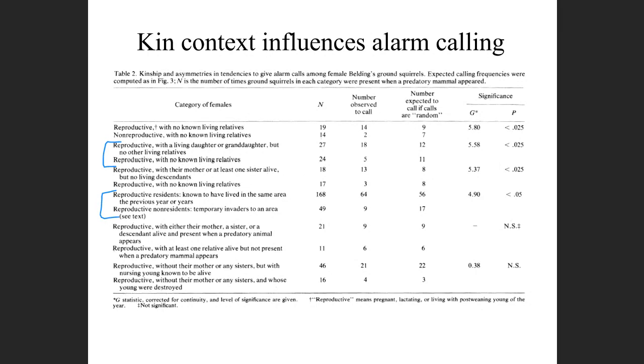Whereas if you took these 23 calls and distributed them proportionally to the number of reproductives with or without known relatives, that should be close to 50-50. There should be a little bit more of the ones with relatives because 27 is bigger than 24. But it's actually much higher in that group.